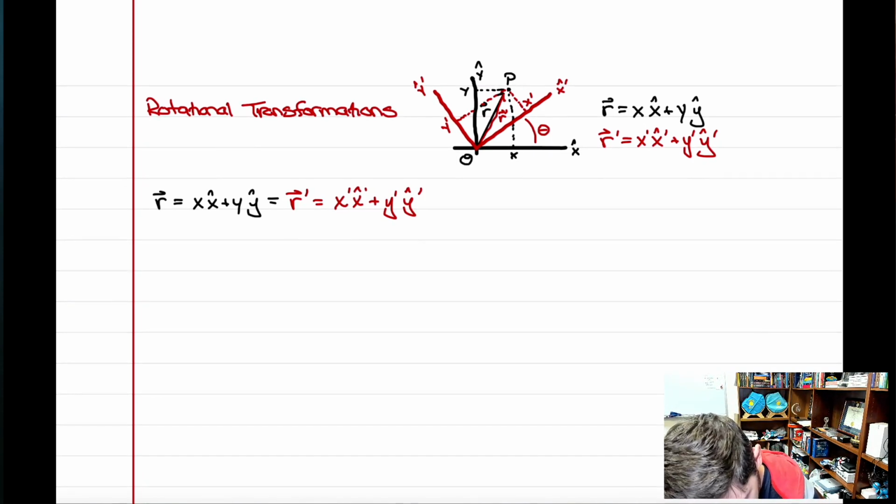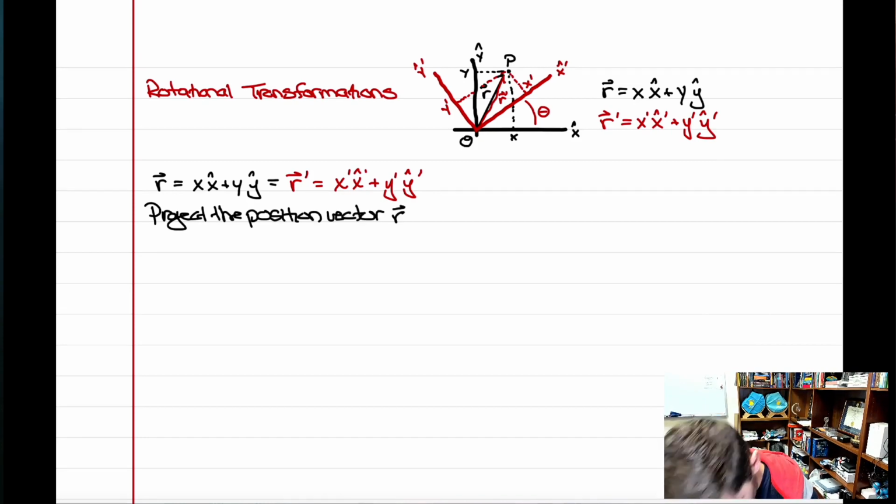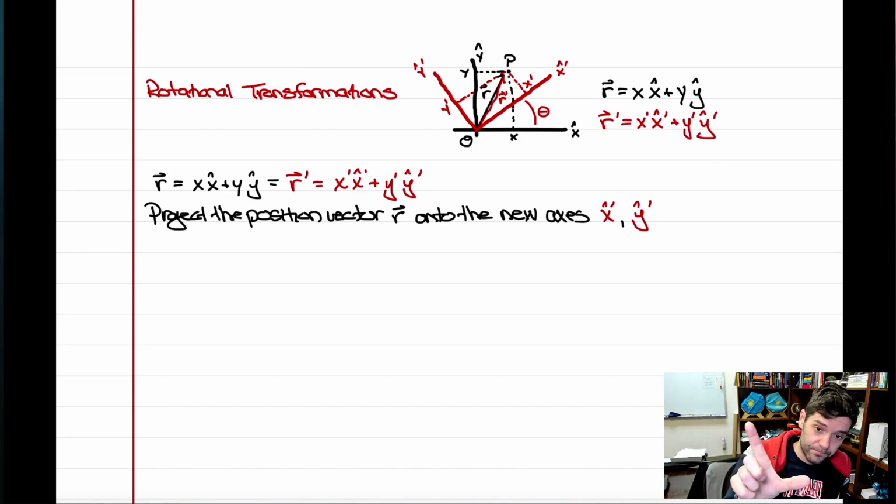And what we're going to do, knowing what we know about the dot product, is project the position vector r onto the new axes x hat dash and y hat dash. So I'm taking a vector and I'm going to figure out the components of that vector that are parallel to x hat dash and y hat dash.